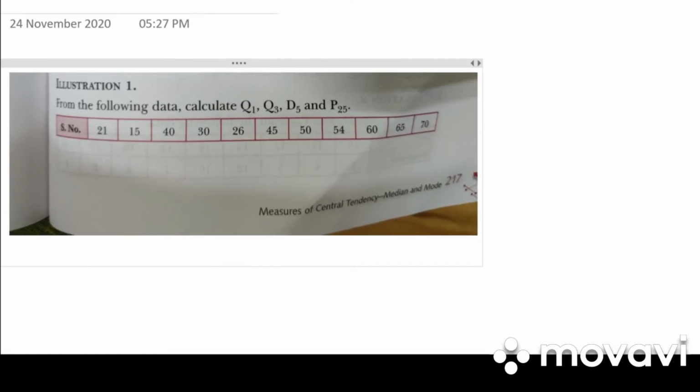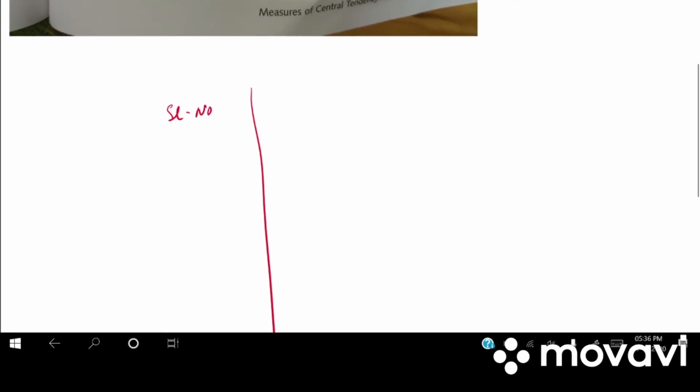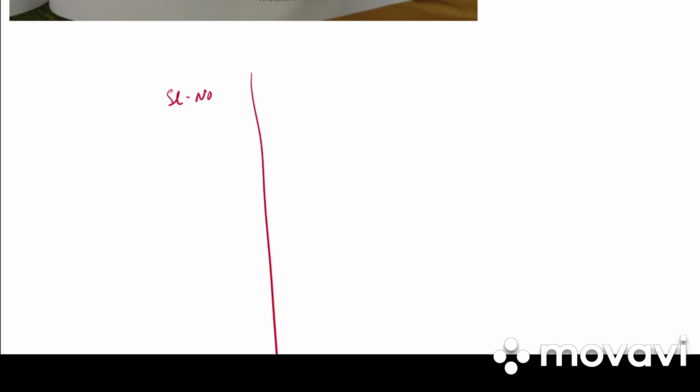So let us take down illustration 1. From the following data, calculate Q1, Q3, D5 and P25. They have given a serial number, that is X values have been given in the problem.